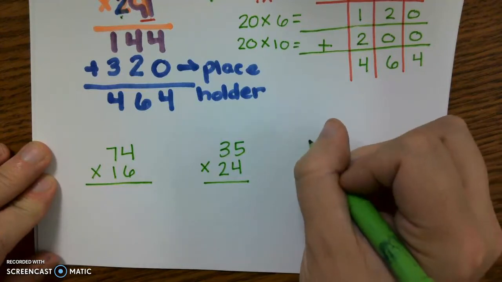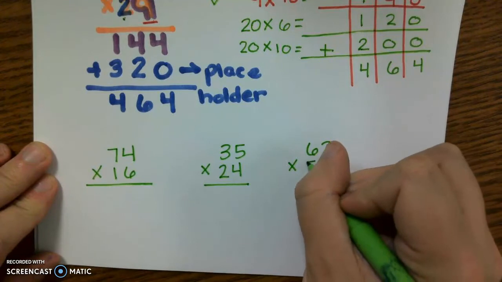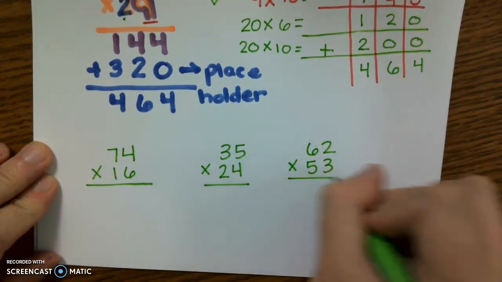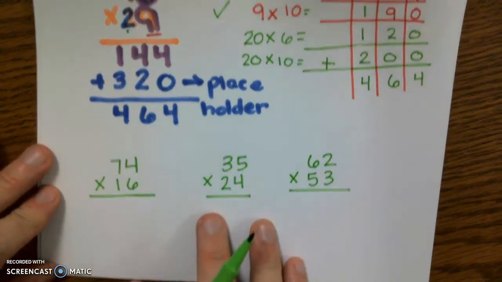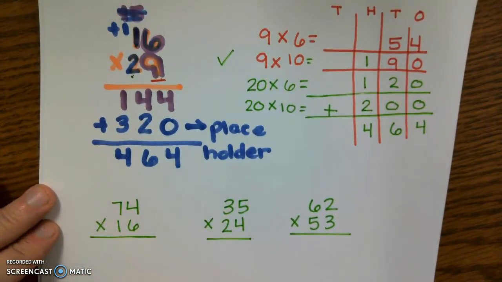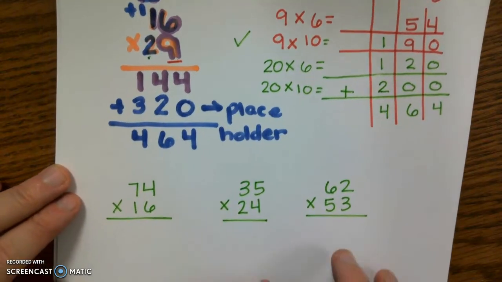And last one, 62 times 53. Okay? So I want you to pause the video. I want you to attempt it, look at my example, and follow it. You might have to regroup, and that's okay. But I'm going to go ahead and solve now.